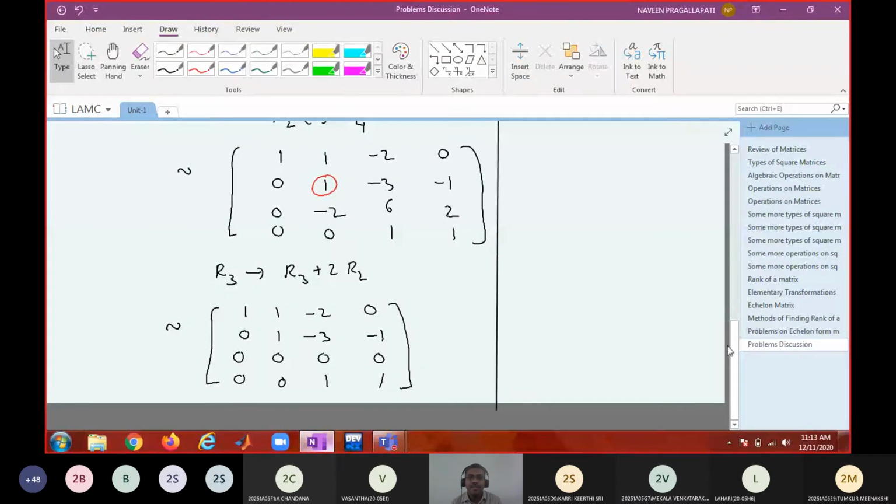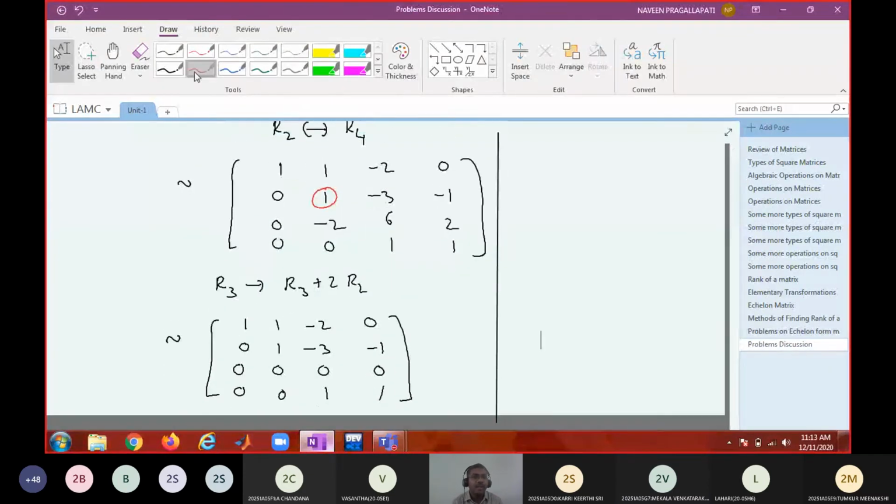Okay. So what is the next operation? Now this is a zero entry. So interchange R3 with R4.